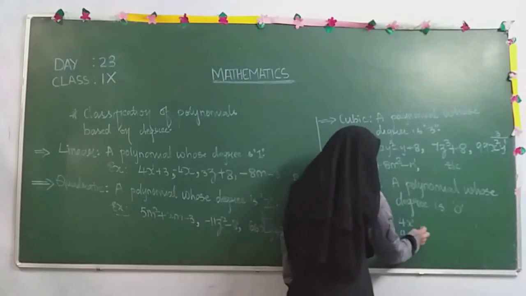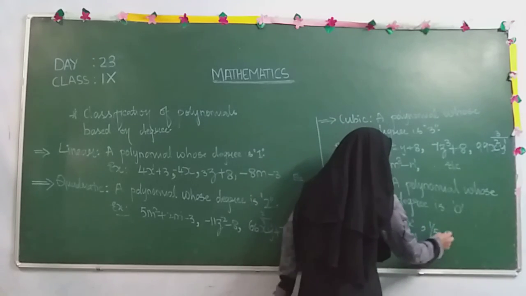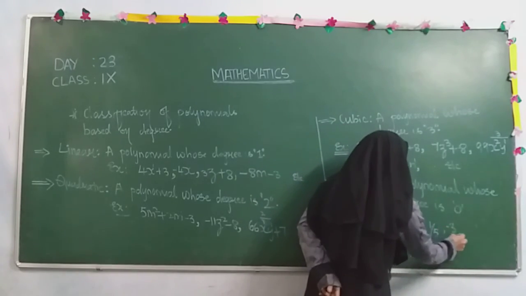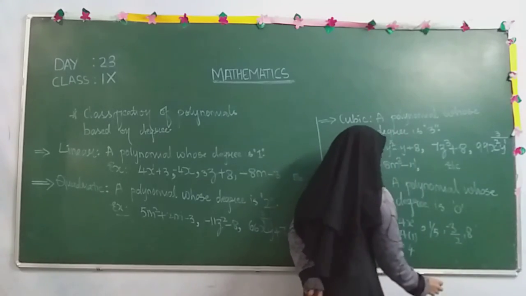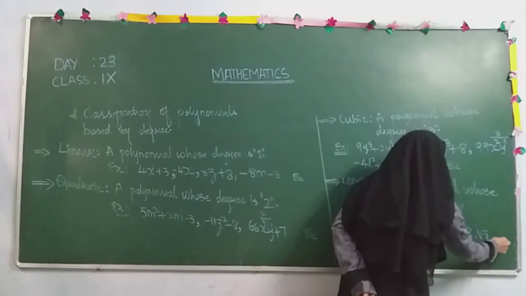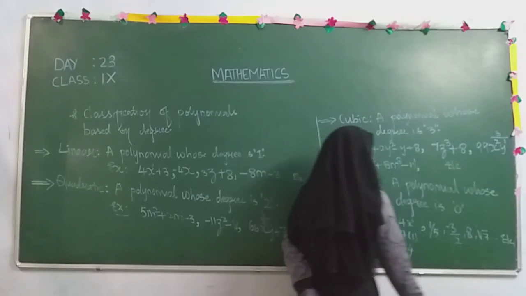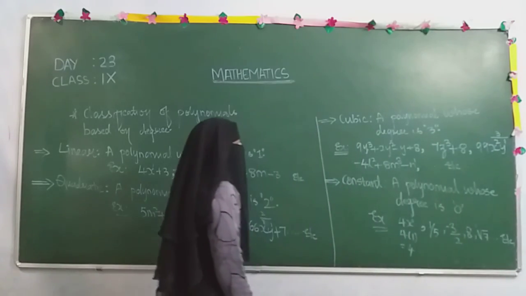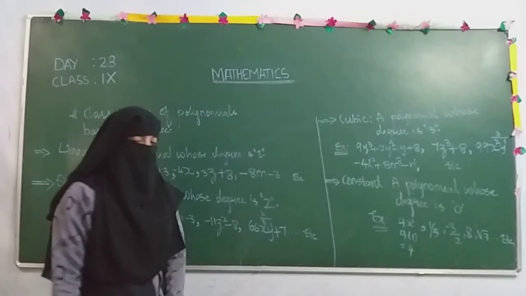So here directly I will write 1 by 5, minus 3 by 2, 8, root 7, etc. These are called constant polynomials, polynomials whose degree is 0.